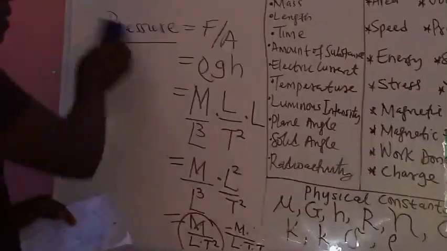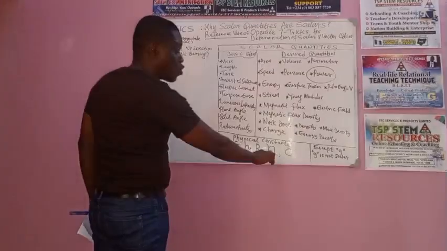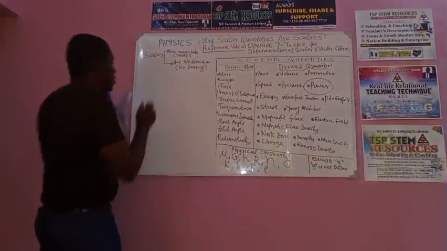Okay, now let's pick another one. Let's pick another one, since all these physical quantities are scalars also. Let me pick coefficient of viscosity, please.